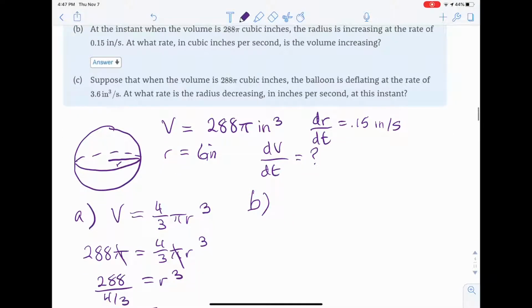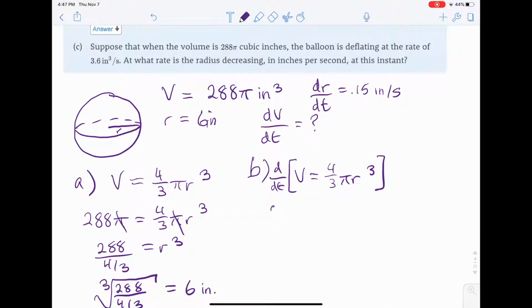So first, we have to take the derivative of the volume formula. V equals 4/3 pi r cubed. Once we take the derivative with respect to time, implicitly, we get dV/dt equals 4/3 pi times 3r squared dr/dt.